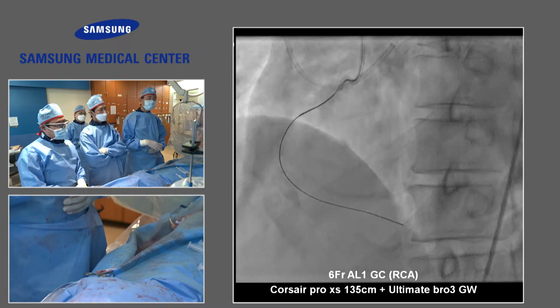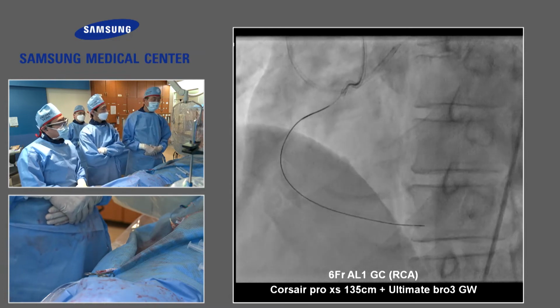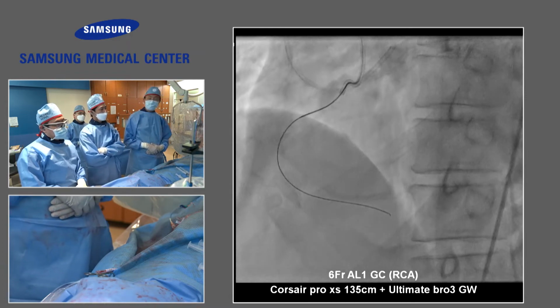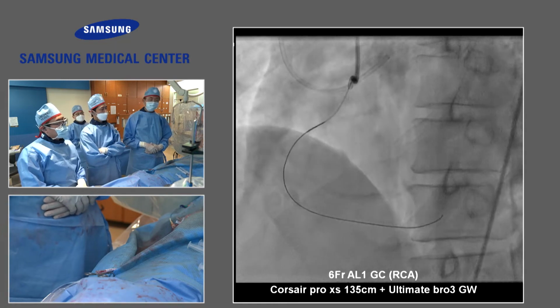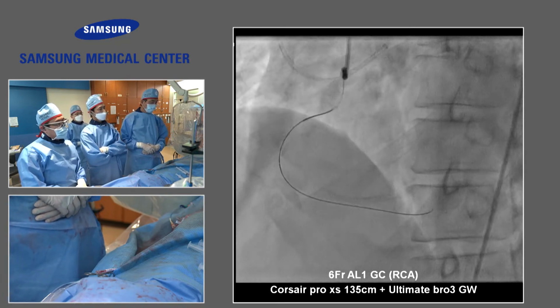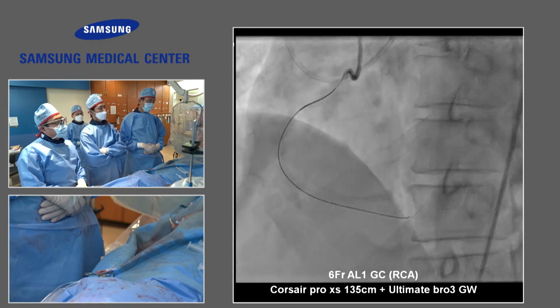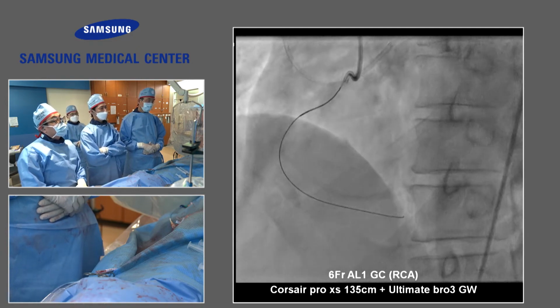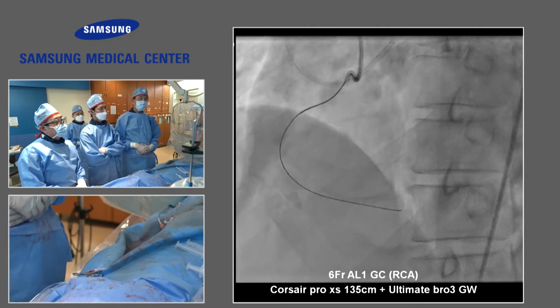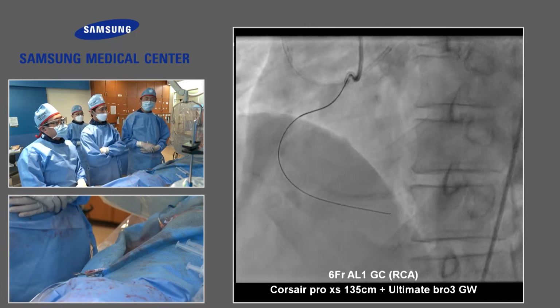But I think the backup support is poor here. A low profile support catheter will be better, I think. Is that right? Yes, in this case I agree using the Corsair XS, but in usual practice, especially in a very hard region, I don't recommend using it.